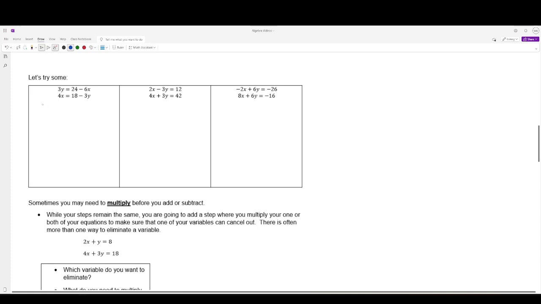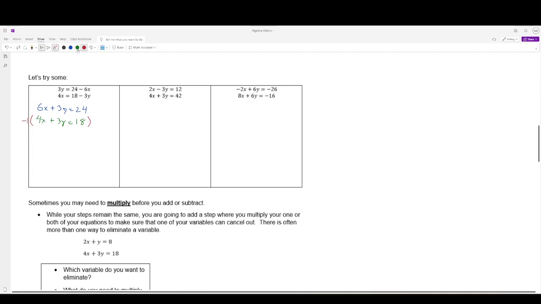I'm going to do that by making it standard form. 6x plus 3y equals 24 and 4x plus 3y equals 18.